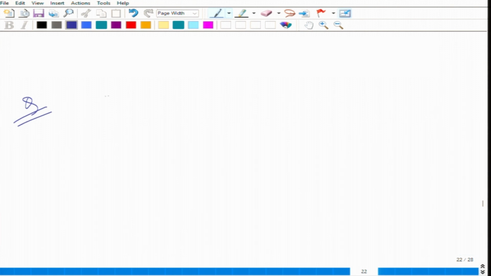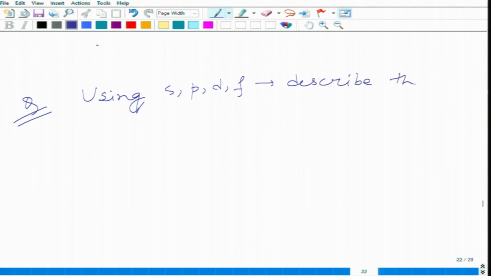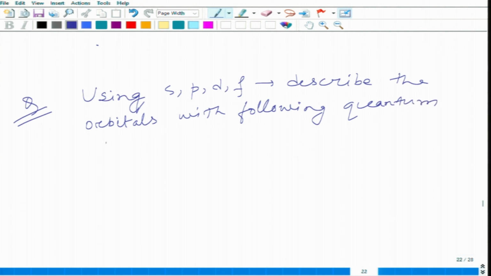So the question is, using s, p, d, f, describe the orbitals with the following quantum numbers. So we have to tell the name of the orbital.